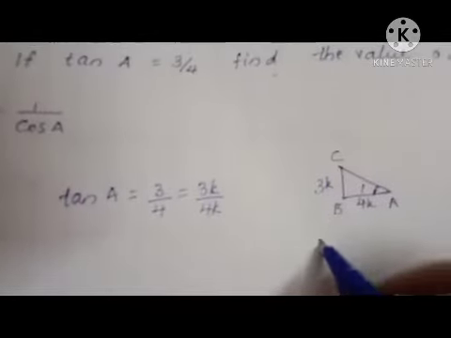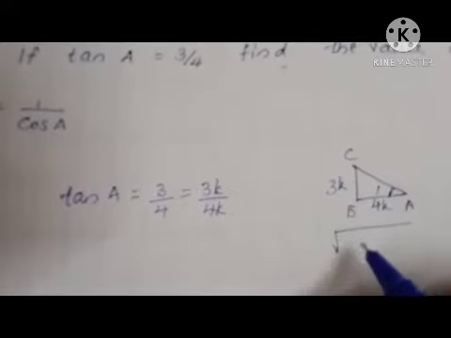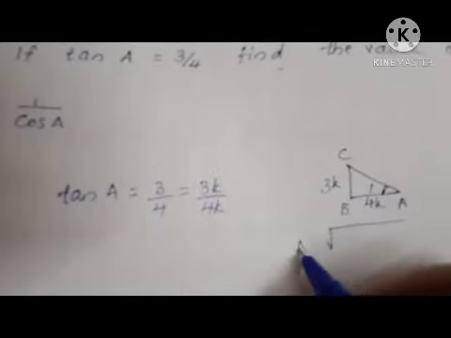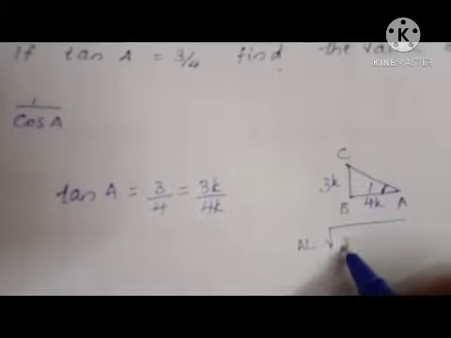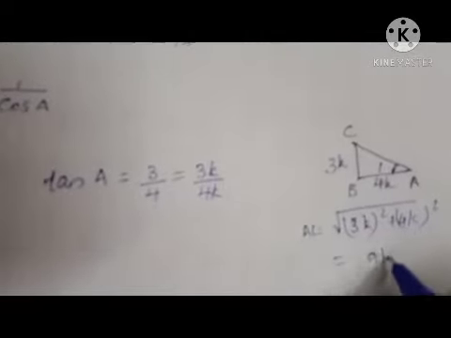Right. Then we have to find this hypotenuse. For that we have to do the Pythagoras theorem. Okay, apply the values on Pythagoras theorem. So this AC equal what? Root of 3k square plus 4k square. Right? 3k square is 9k square plus 4k square is 16k square.